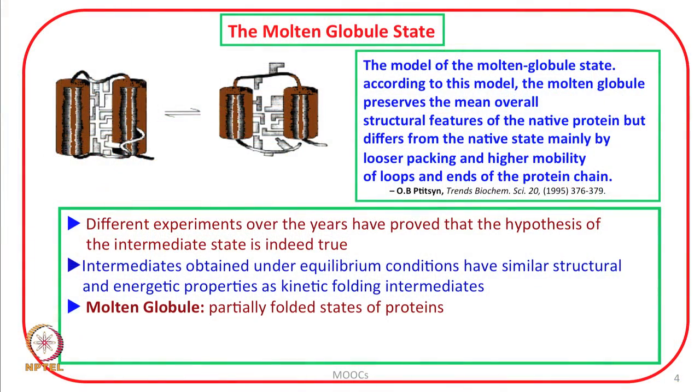Now, let us take a look at the next comment. Molten globule, partially folded states of proteins. Let us discuss what is a traditionally accepted definition of the molten globule state.